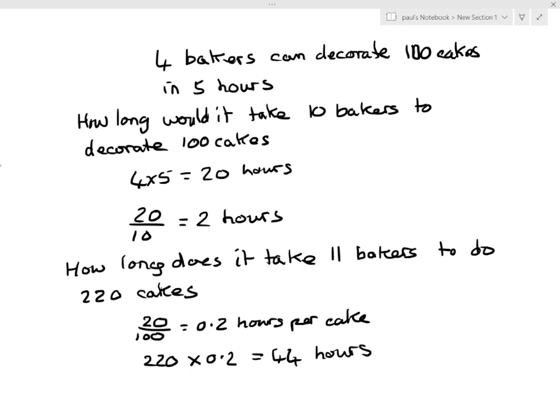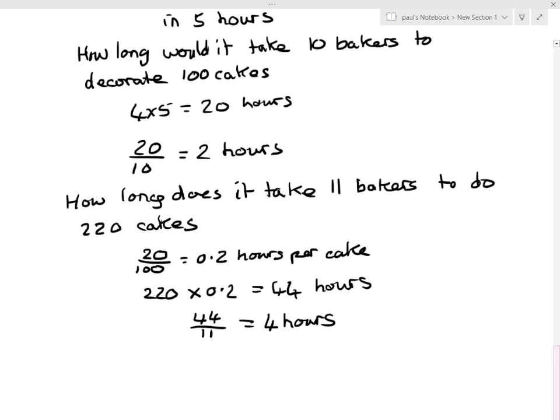Right, so it takes one baker 44 hours to do 220 cakes. Therefore, we're now going to put 11 bakers on the job. So divide that 44 hours by the 11 bakers, and it would take 11 bakers 4 hours to make all those 220 cakes.